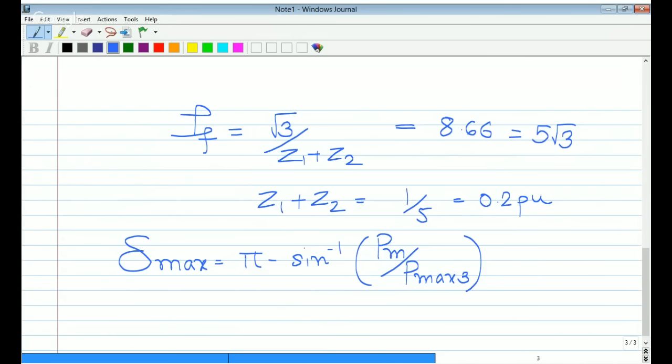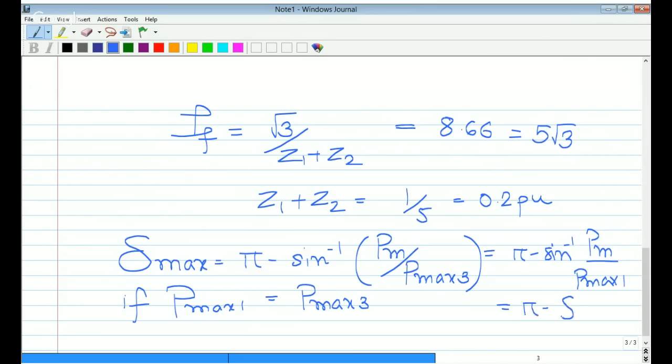But when we talk about the fault in which the original network is restored after the fault clearing, in that case the power maximum before the fault and after fault clearing are equal. If such a case happens, then this formula is converted to pi minus sine inverse Pm by Pmax 1, which is actually pi minus delta naught. That is just a special case of this in which the original network is restored after the fault.